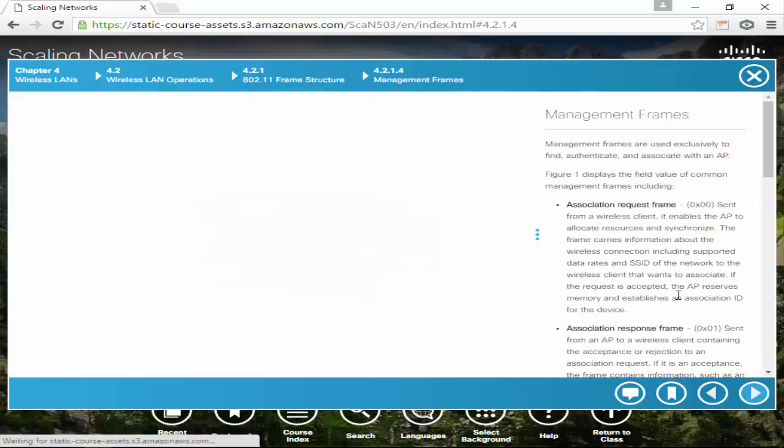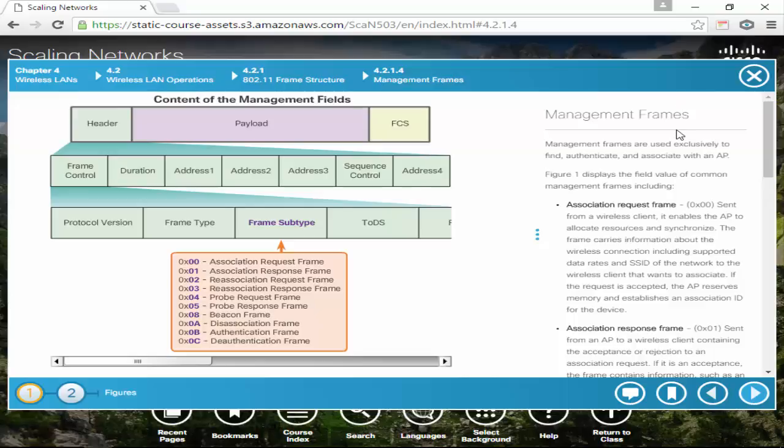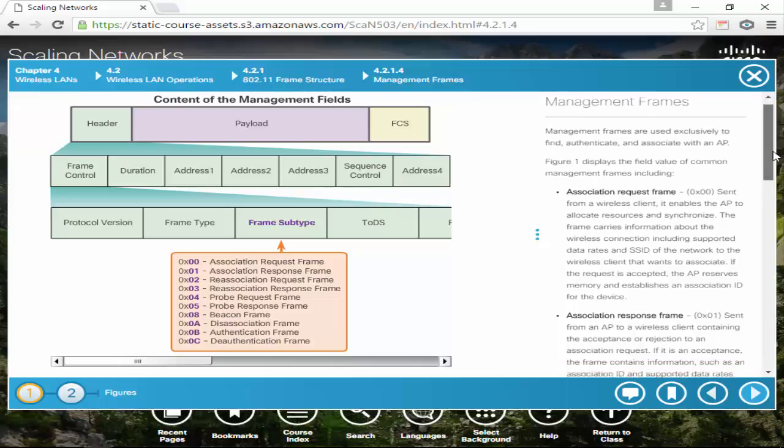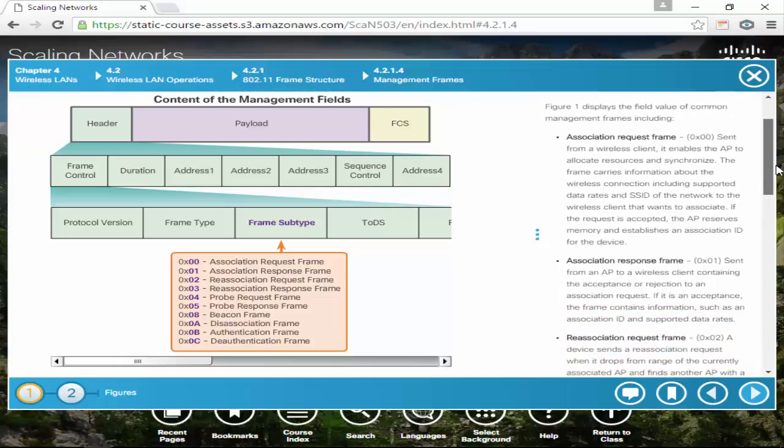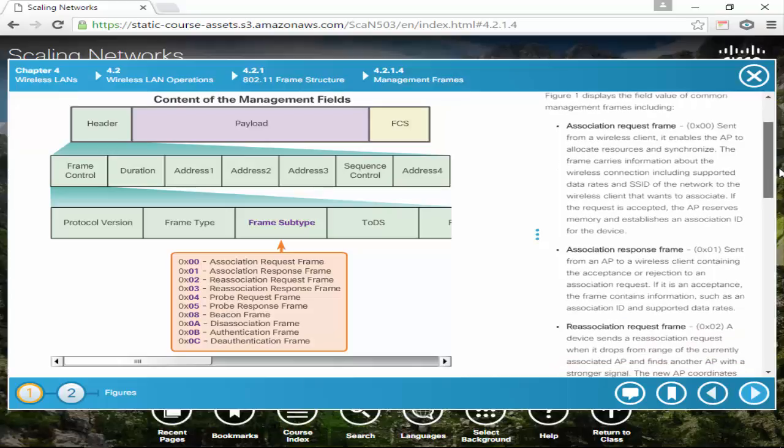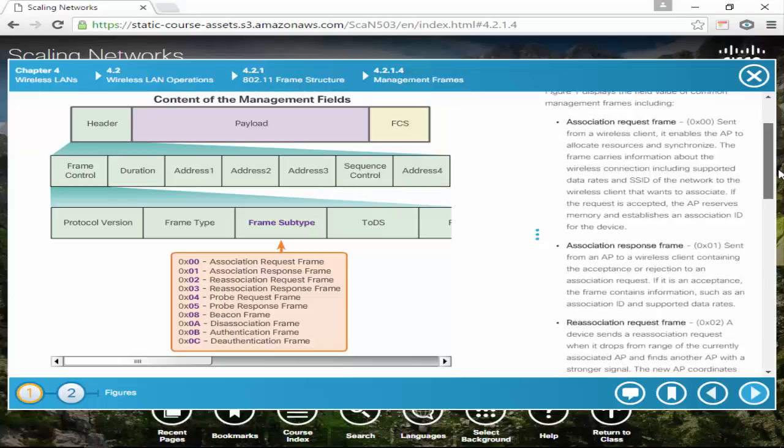Alright, so management frames. What are the different types? And here's our subtype. Association request frame, sent from the wireless client. It enables the AP to allocate resources and synchronize. The frame carries information about the wireless connection, including supported data rates and the SSID of the network the wireless client wants to associate with.